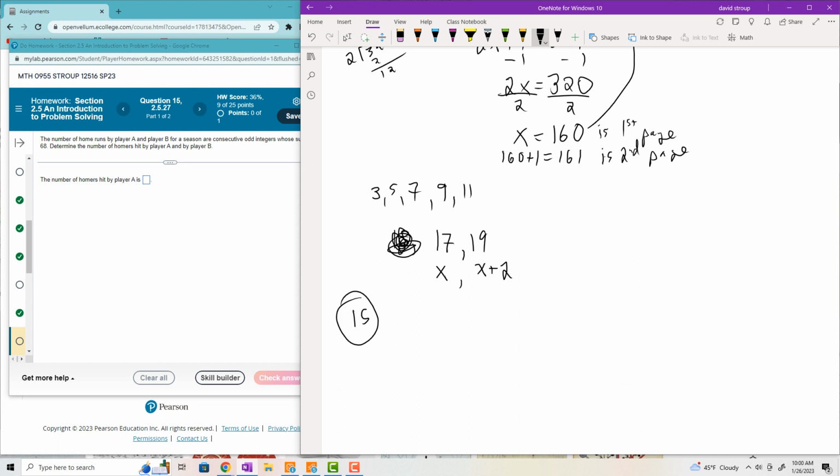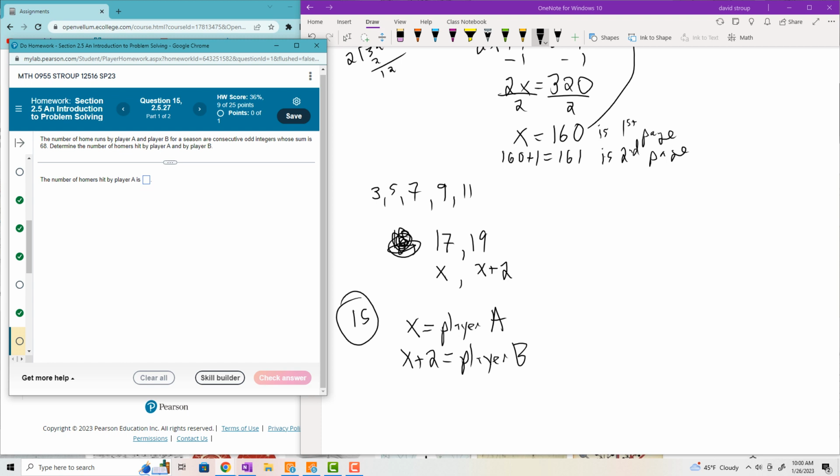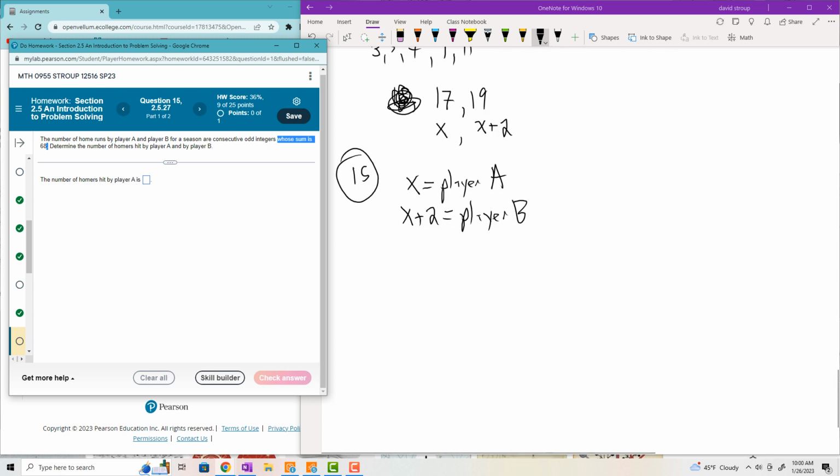The number of home runs by player A and player B are consecutive odd integers. So I'll say X is the number of home runs by player A, and X plus 2 is the number of home runs by player B. Then in the same sentence, it's giving you the equation: the sum is 68.